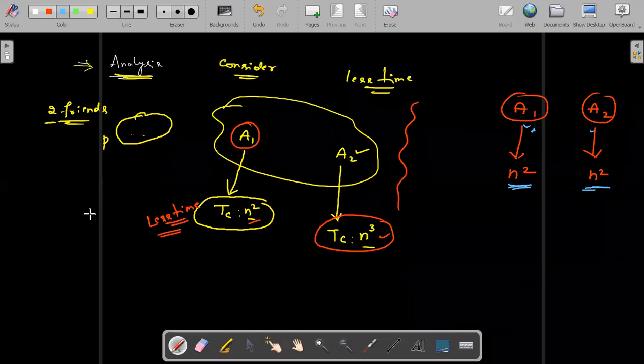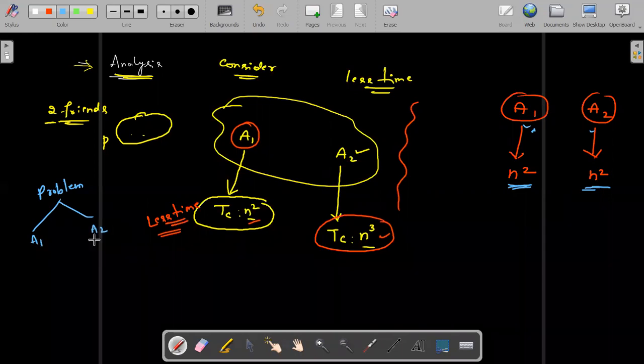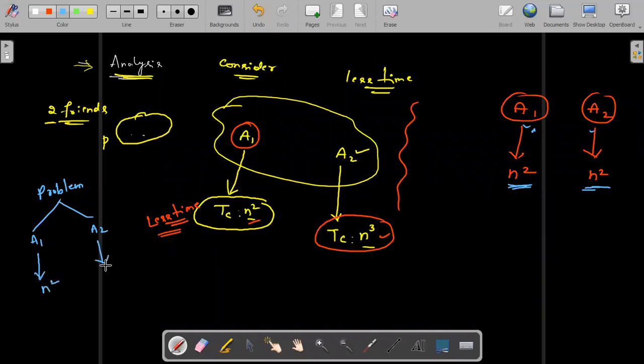Again, consider one more. There is a problem, and for this problem we have two algorithms, A1 and A2. Whatever you want, take it, no problem. A1 will take n square, and A2 will take n cube or n.